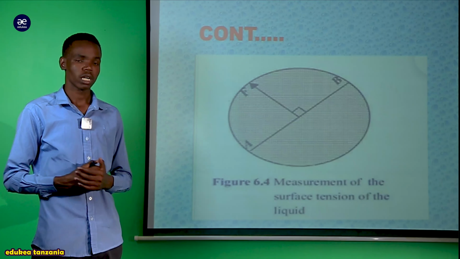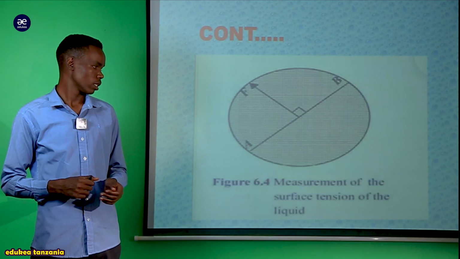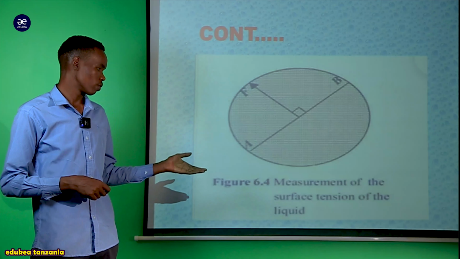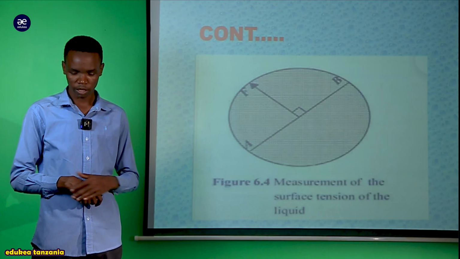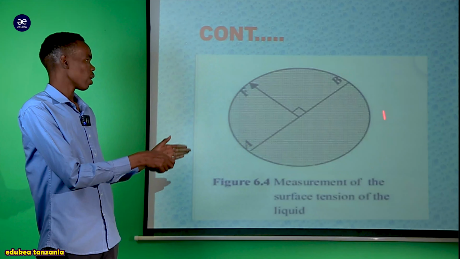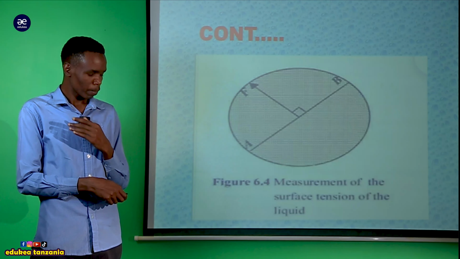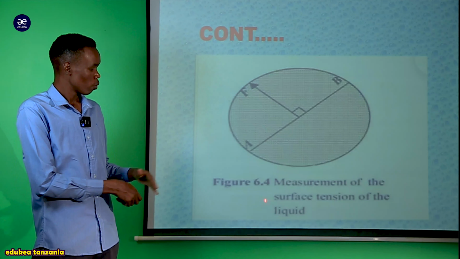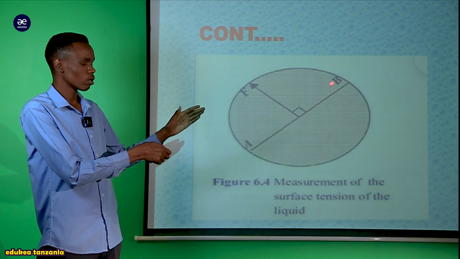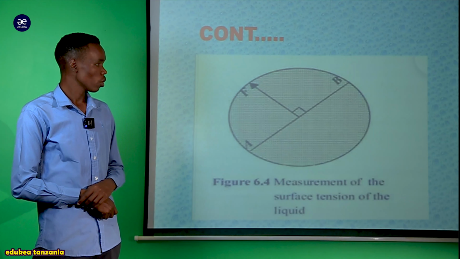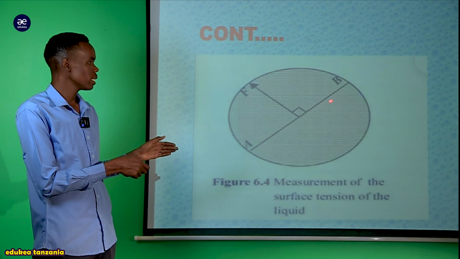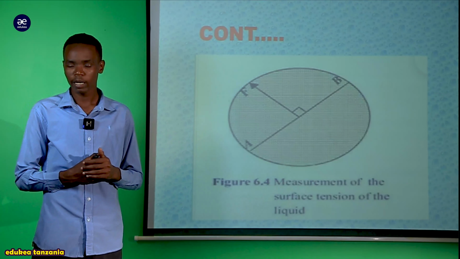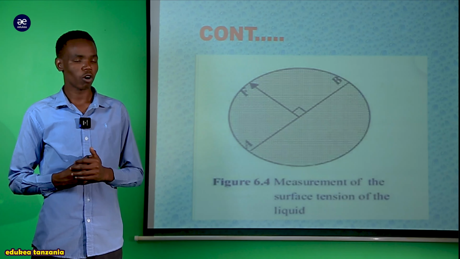Our figure is trying to explain the measurement of the surface tension of this liquid as we observe here. The figure involves the liquid, and we have a point A and also a point B. This is the tangential line that divides the liquid into equal parts.